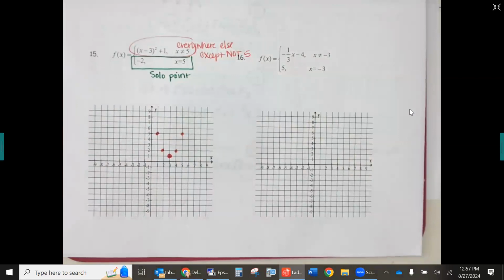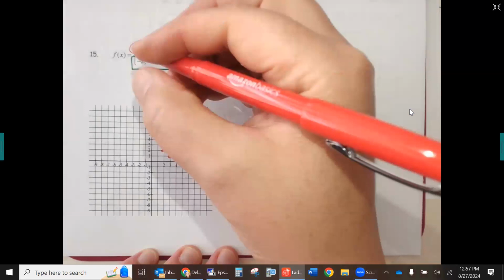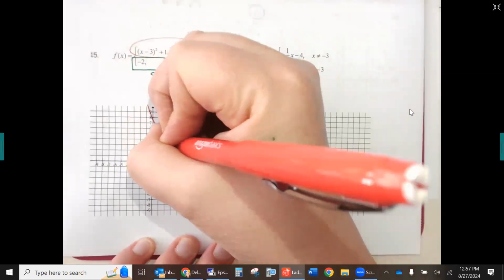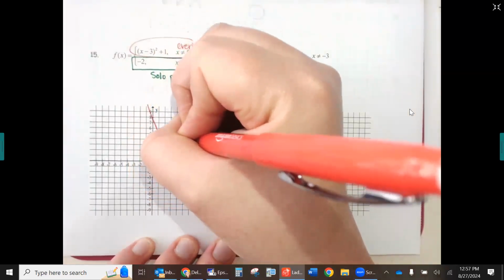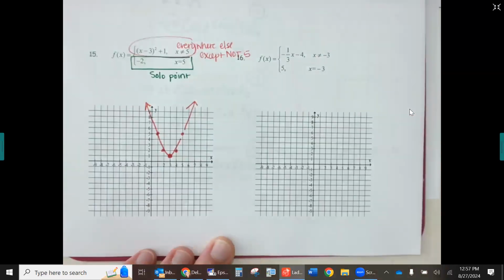Okay, when I connect my dots, remember on this day on the notes, I'd say, don't connect them yet. We have to look at where we're going to skip. We're going to skip 5. So I'm going to go like this, connect the dots, and then skip 5, and then keep going on the other side. So it'll look like this, all the way through till I get to 5. And then how do I show that I'm skipping that dot?